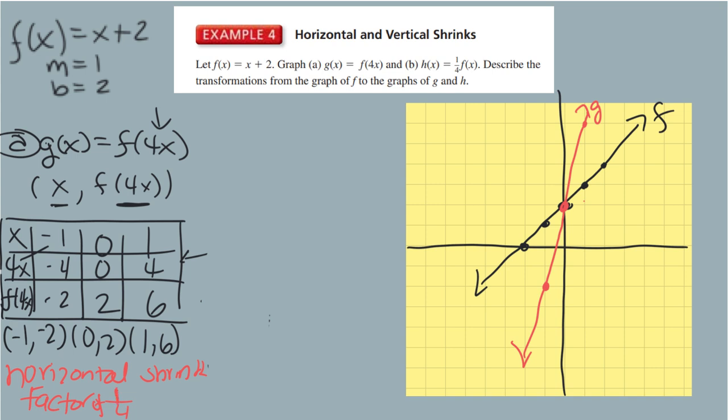In B, we have line h of x equals 1/4 f of x.